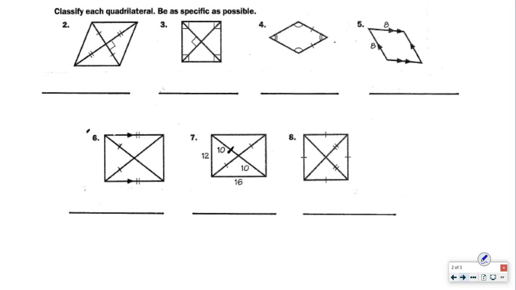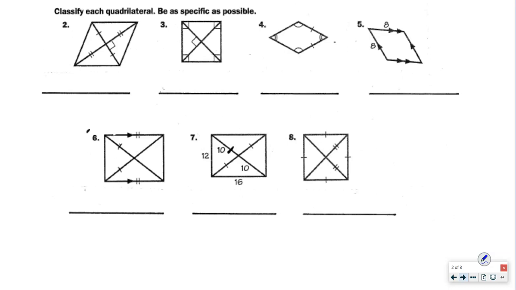Our first one, we want to classify each quadrilateral and be as specific as possible. If we look at number 2, these aren't necessarily going to tell us each characteristic from our markings, but we can still figure out each characteristic that could be there.